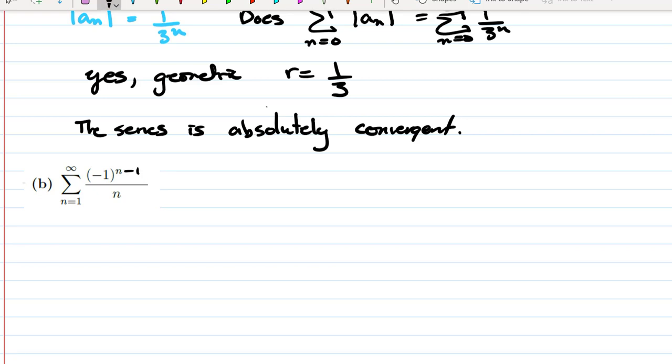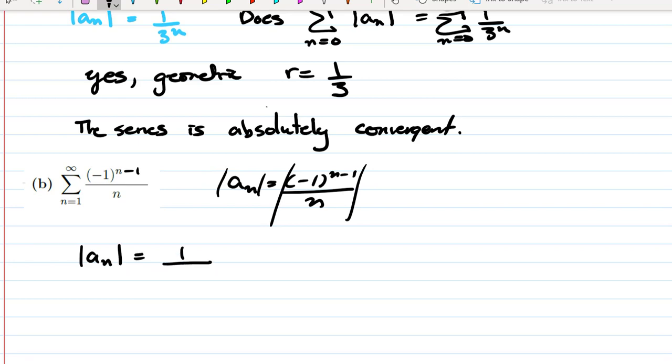Negative 1 should have been in the exponent, so a sub n is equal to negative 1 to the n minus 1 all over n. If I take my absolute value, I get the absolute value of a sub n is 1 over n.